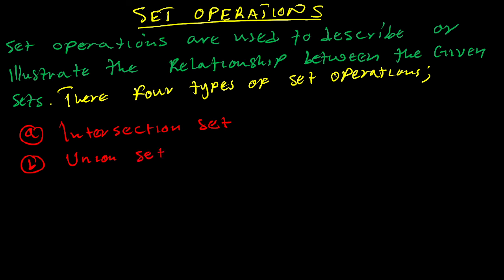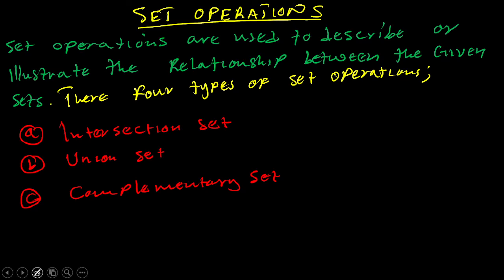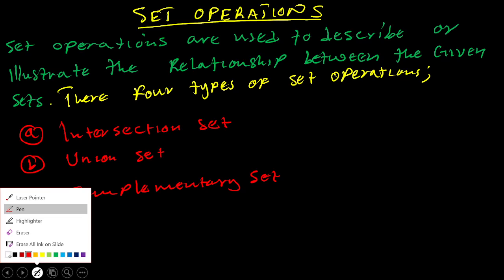The other type, which is C, is the complementary sets. This complementary set is divided into 2 categories.